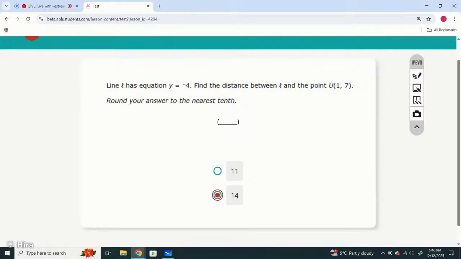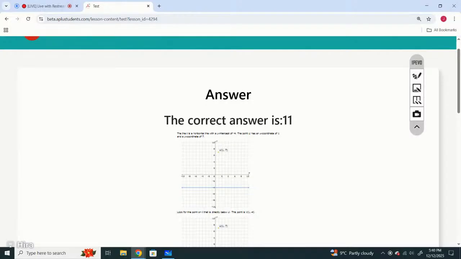That is 11. Option number 1 is the correct option. I selected the wrong option. That is 11.